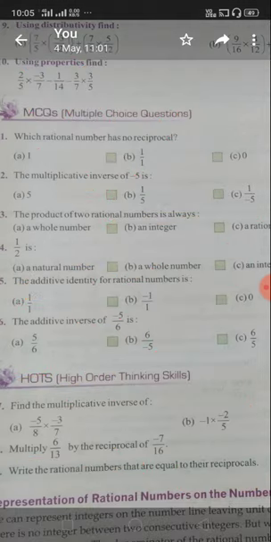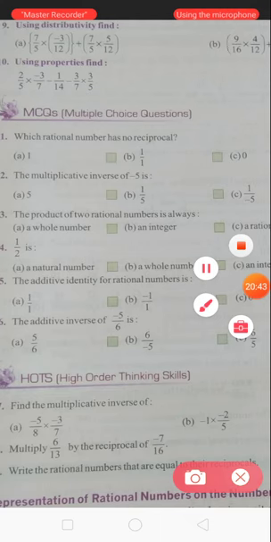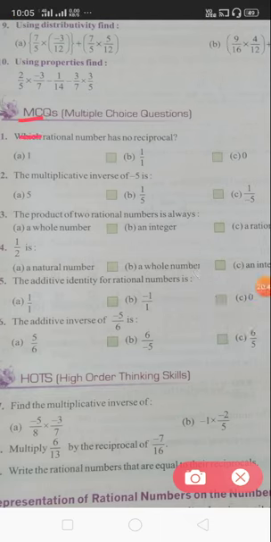Okay. Now the last question, number 10, using properties find this. This question is also very simple. You see here 2 upon 5 into minus 3 upon 7. First we will solve this. How do you solve it?